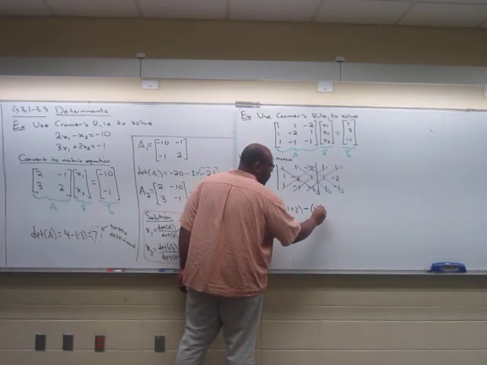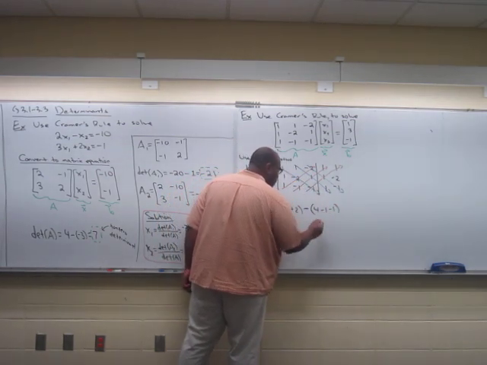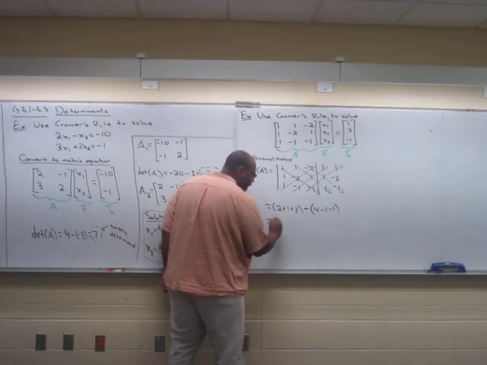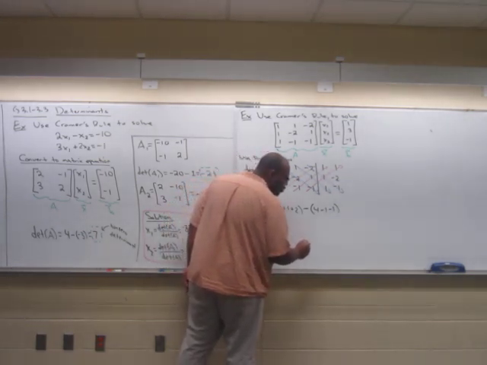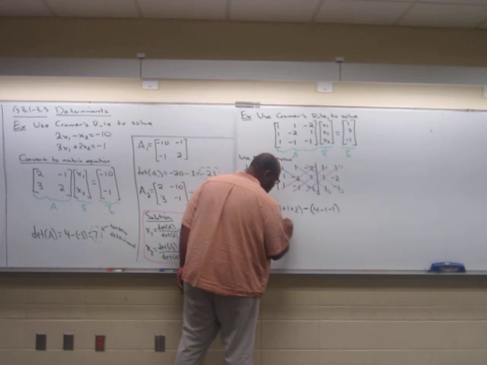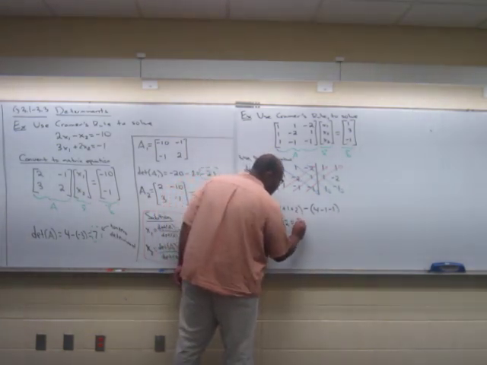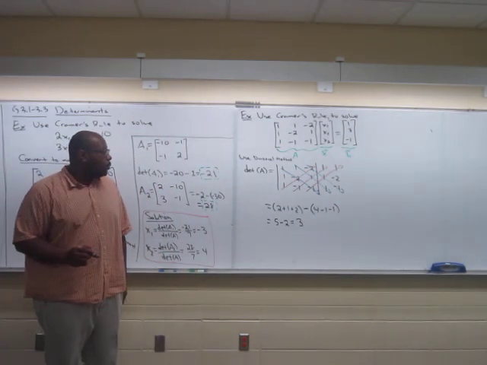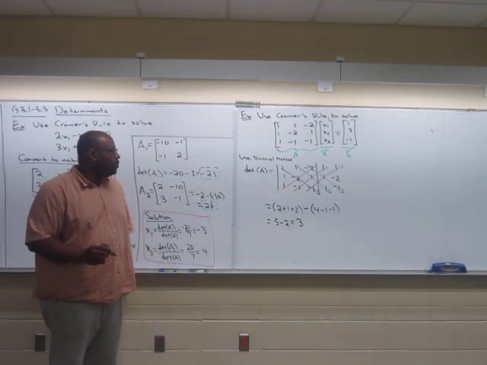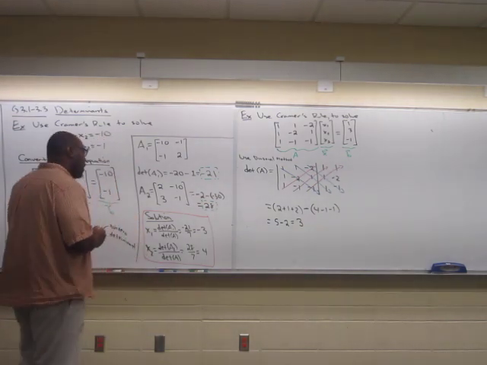This is going to be a -1, and this is going to be a -1. When you work this out, you get 5, minus 2, which is 3. Again, I wish you guys were here to make sure that I'm doing this right, but 3 is what I have. That's my determinant of A.